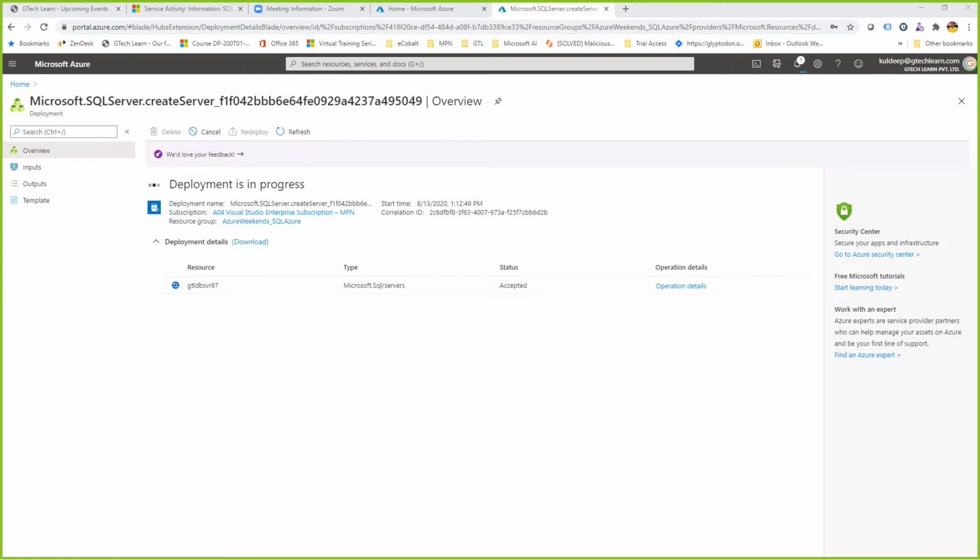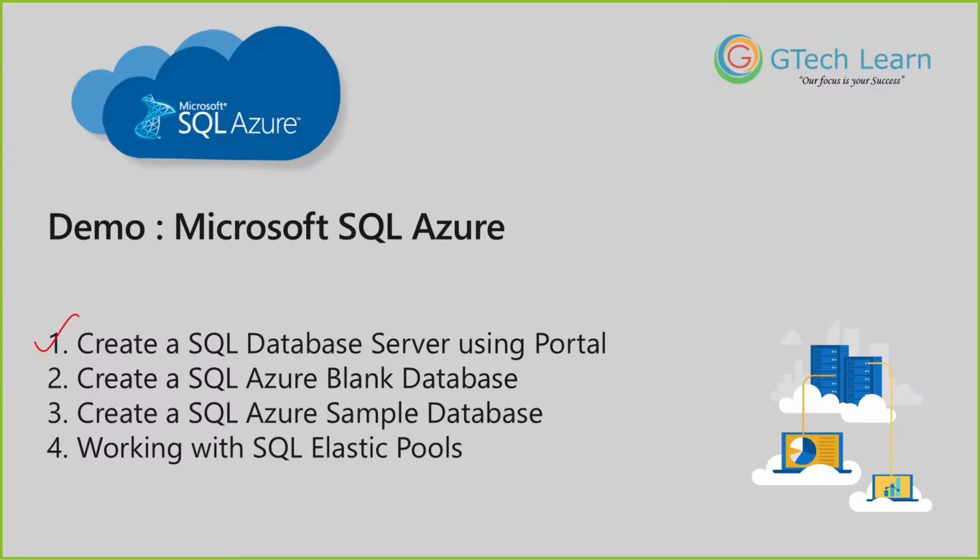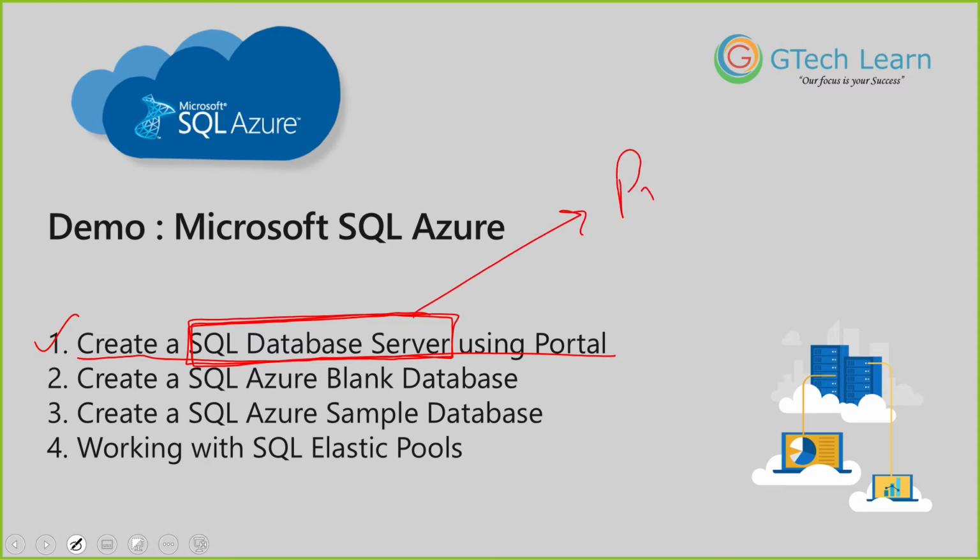Let me take you to my PowerPoint presentation, the demonstration screen, where I've just done the very first exercise. The important thing is I've created a SQL database server using the portal. There can be multiple options for how I can do that. One, it could be a platform as a service component.